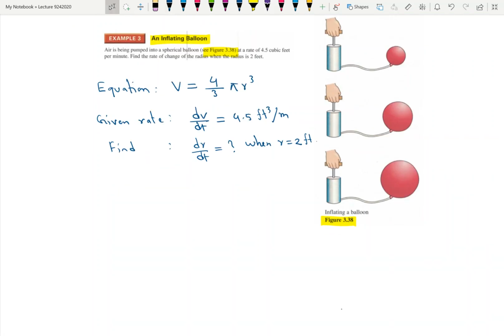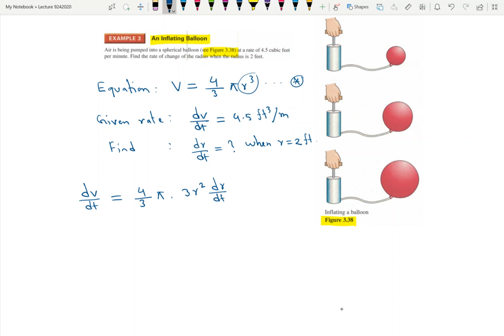So what we can do is take the derivative of this equation with respect to t. So dV over dt would be 4 over 3 pi. If you take the derivative of r cubed, it becomes 3r squared dr over dt.